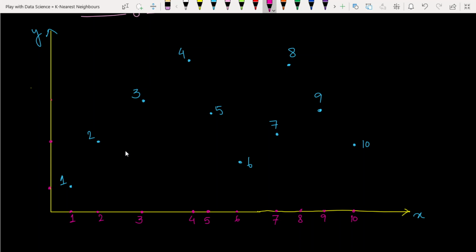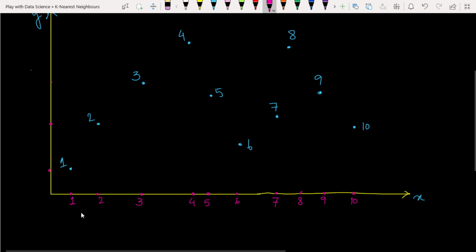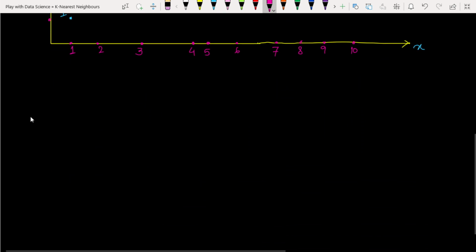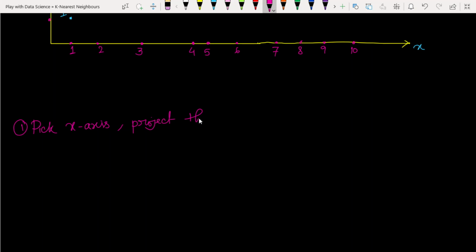Now what do we have to do? First, we pick the x-axis and project the points onto the x-axis, and compute the median of these points. As in the binary case, instead of a single scalar point, I am taking the image on the x-axis as the scalar. So, stepwise: pick the x-axis, project the points onto the x-axis, and compute the median.